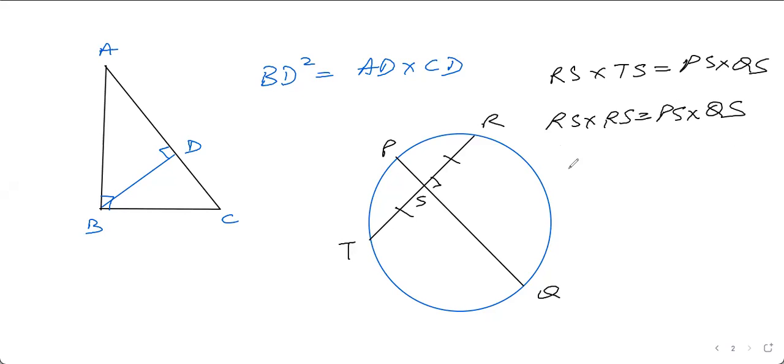Now RS into RS is RS square, which is equal to PS into QS. Done. So we can use the theorem of geometric mean from right angle triangles, Pythagoras theorem, or we can use properties of circles, chords, and we can prove it in two different ways.